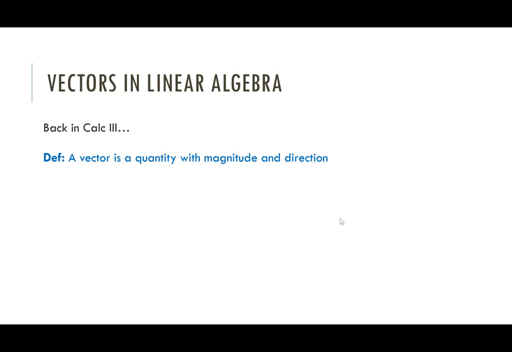A vector is just a quantity with magnitude and direction. That is the definition. But usually we see them represented as a little arrow, where this is the direction and the length of the arrow is the magnitude.